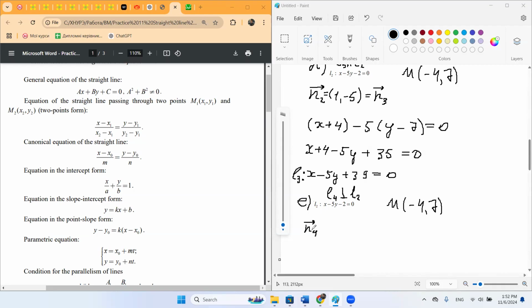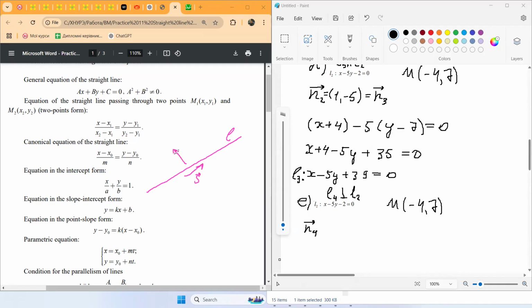So no ideas. Okay, we will rewrite it in the canonical form, and we will get the direction vector of L2 that is perpendicular to N2, and it will be the normal vector of L4. So I will just remind you, this is the line, this is the direction vector, and this is the normal vector.